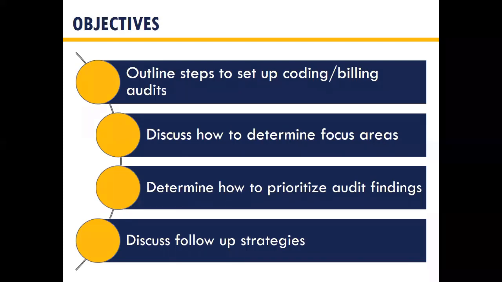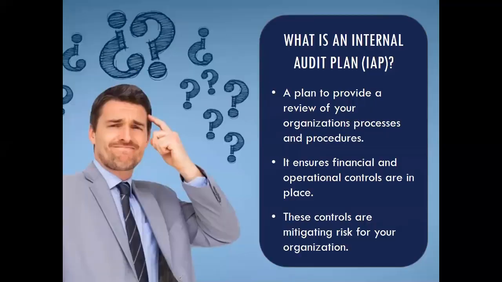We're going to discuss how to determine the focus areas, what you should really zone in on. We're going to determine how you should prioritize your findings once you're done with your audit or your review. And then we're going to discuss any follow-up strategies, what you can do to put what you find into effect.